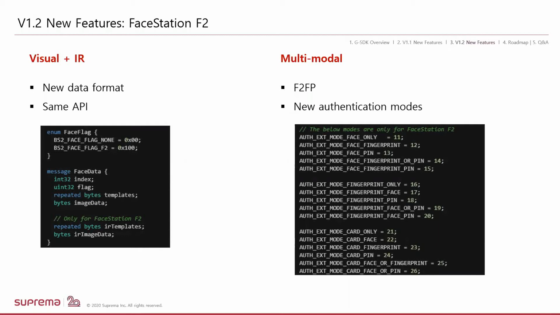These modes do not make sense with the previous models because they only have either fingerprint or face. But in the case of F2, since both modes are possible, there are some new combinations. So we provide some new authentication modes only for FaceStation F2.